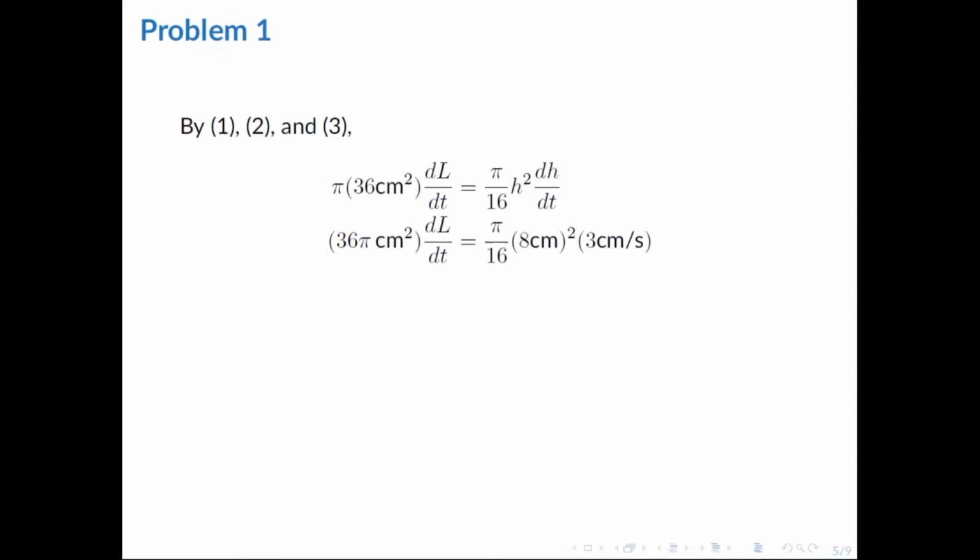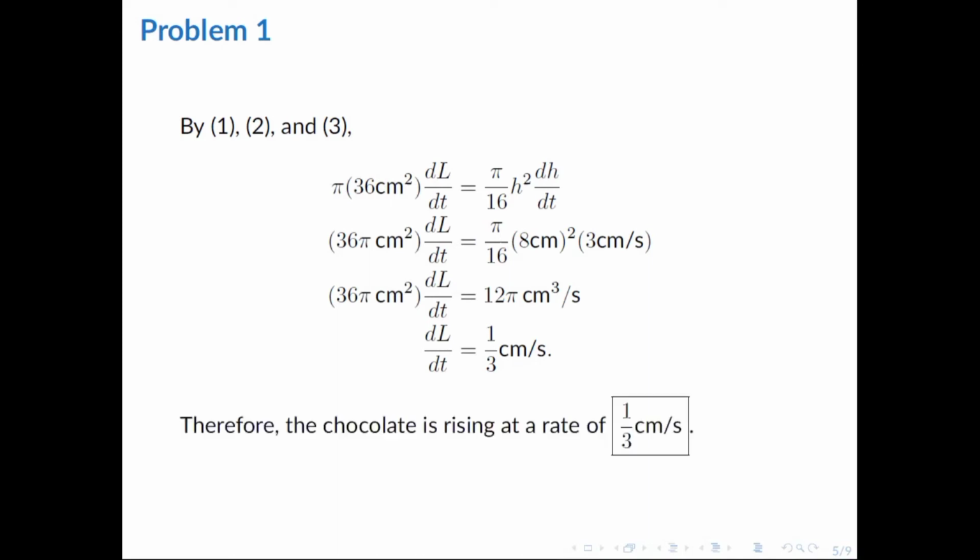Substituting h and dh over dt and solving this equation, eventually we will get dL over dt is equal to 1/3 centimeter per second. And we are done, since we are looking for the rate of the chocolate rising as we dip the cone.